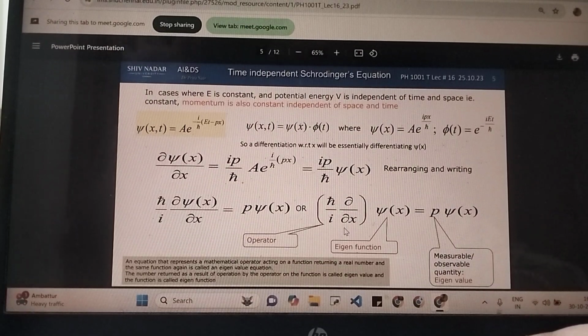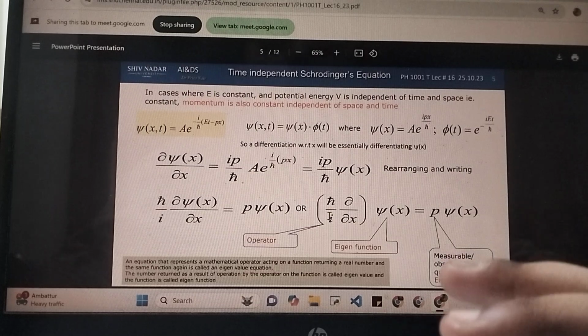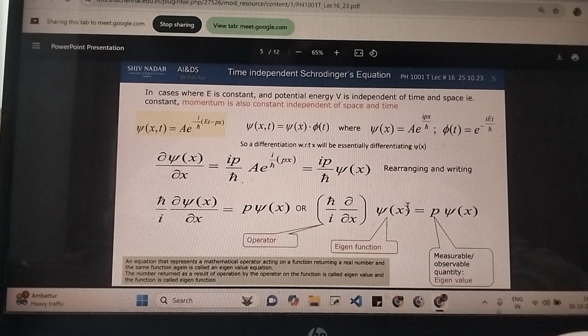So for the purposes of this lecture and this course, you understand that you have a function, you perform some operation on that function, you get back some quantity times the same function, then the function is called the eigenfunction, this quantity is called the eigenvalue, and whatever operation you performed is called the operator.